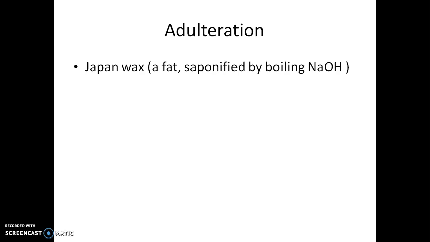Japan wax, which is not a true wax but a fat and may be saponified by boiling with sodium hydroxide, is the adulterant of beeswax. Previously we discussed in the lipid section that waxes are saponified by strong alcoholic potash but practically unaffected by aqueous alkali.